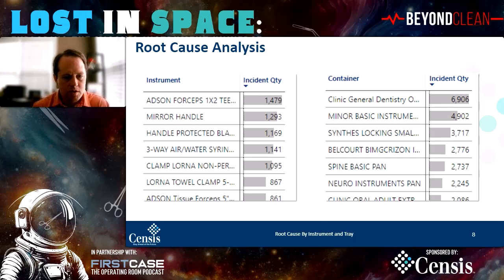It can be as simple as just posting the key metric for that OR room in a common area, or presenting that during the daily stand-up at the beginning of the shift. But making people aware of the problem with data, being able to have the conversation with the OR with data, is far more effective than just saying, hey, here's a problem we have.